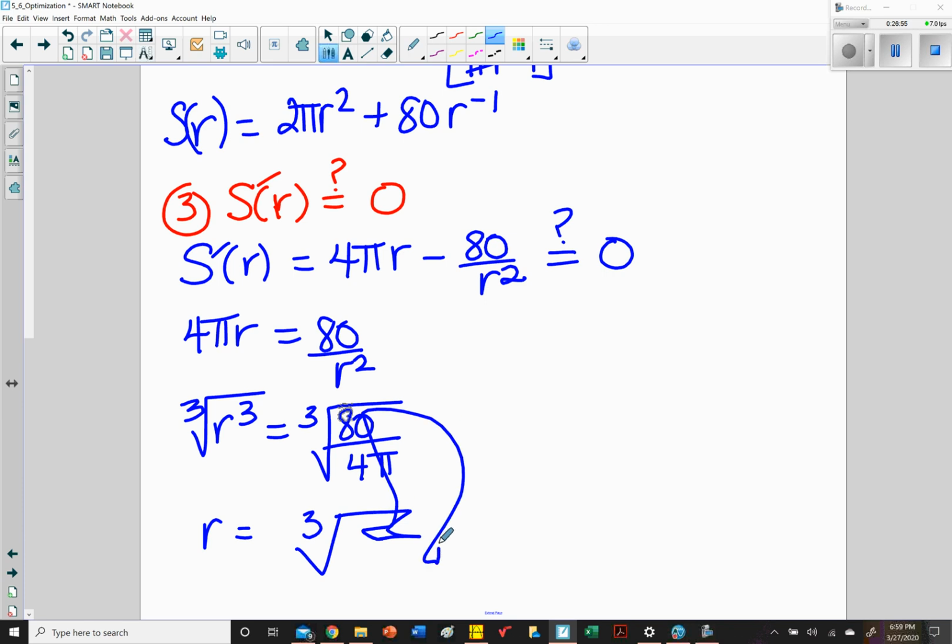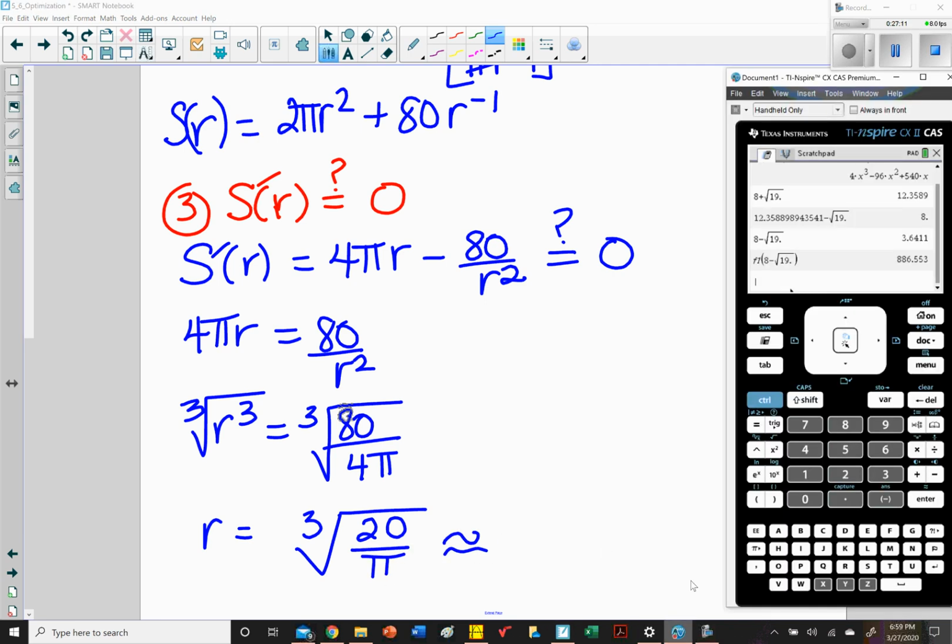Uh-oh, that's not good. My pen gets crazy here. Okay, go back and do that again. r is the cube root of 20 divided by pi, and the cube root of 20 divided by pi is going to be that expression.